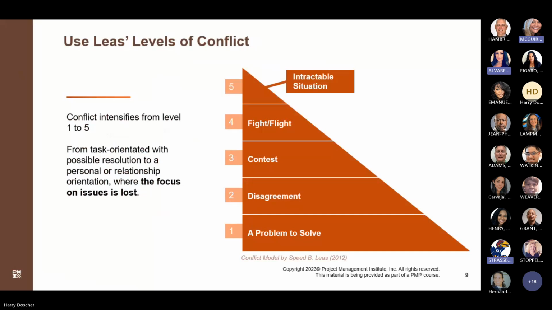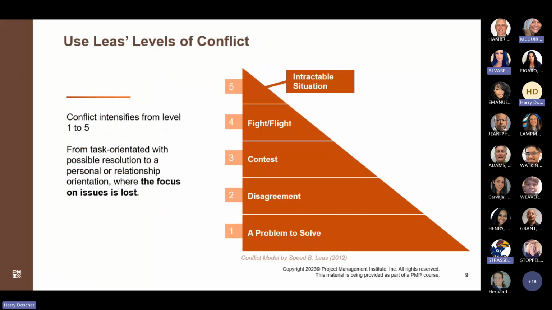Now, this is a model of conflict. It goes all the way from the point where there's a problem to solve, all the way up to, if things do not get resolved, an intractable situation where people are not working together at all.